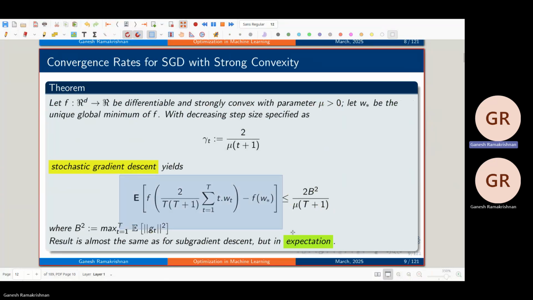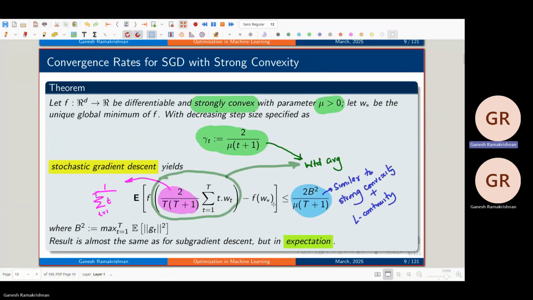The stochastic gradient descent again gives you something which is reminiscent of what we got earlier. So instead of square root t, now you have 1 upon t. Look at this. So with strong convexity, gamma_t is basically diminishing as t increases.